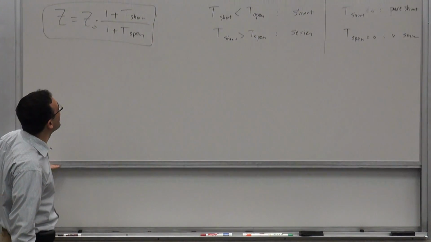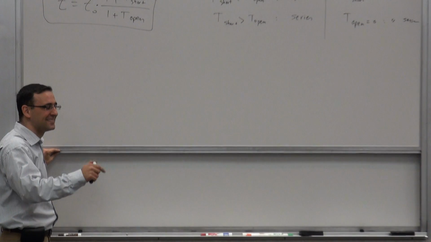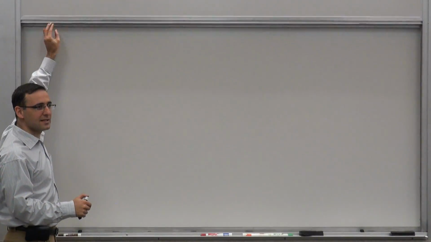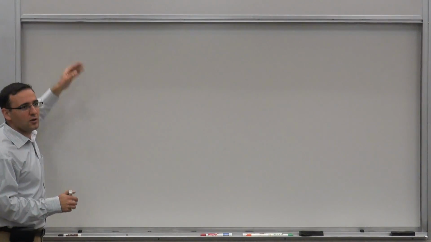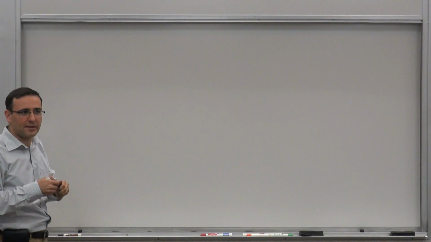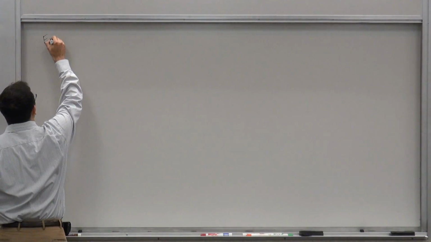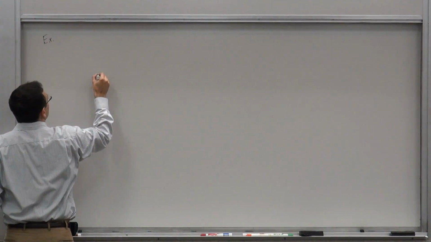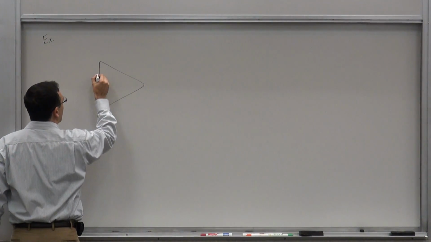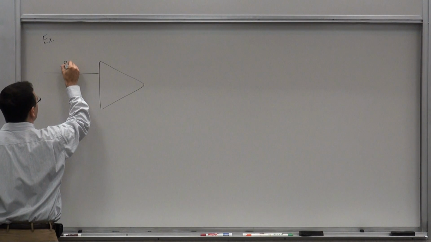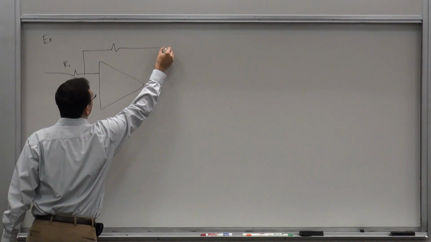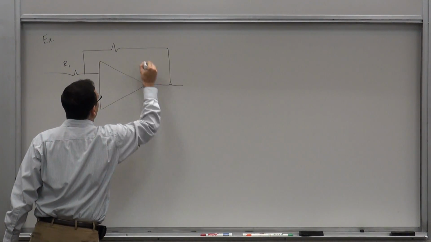Okay. Do you have a question? No. Alright. So let's do examples. I'm going to start with simple examples, and then we get them more and more sophisticated. So the first one, let's do an op-amp in inverting configuration. R1, R2.